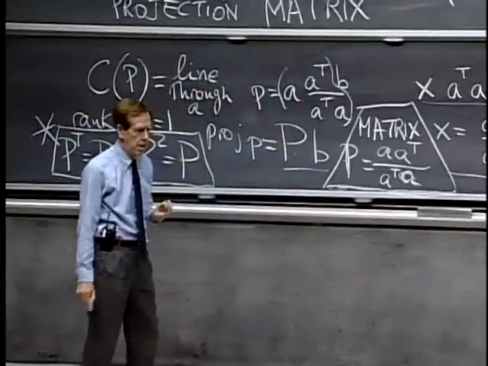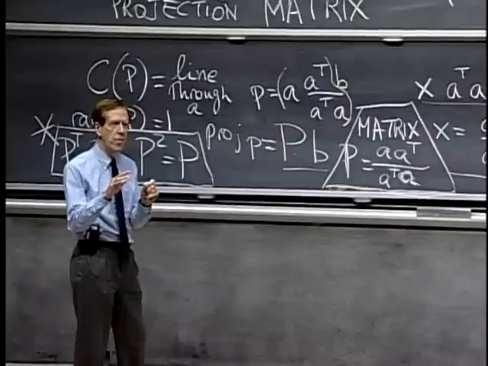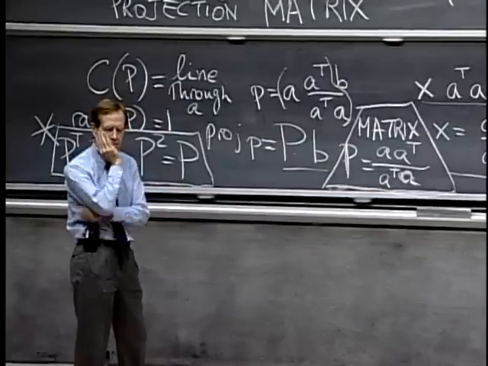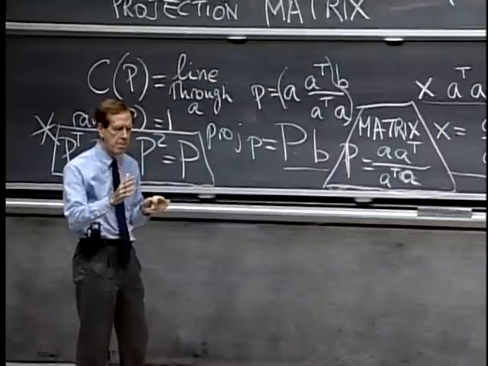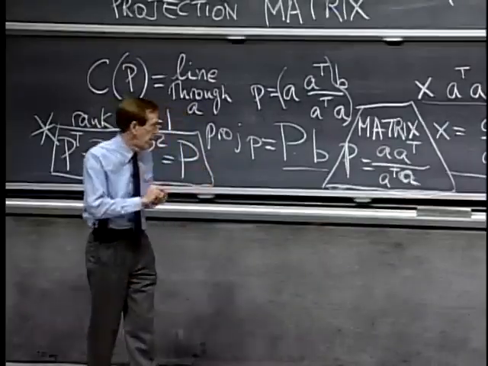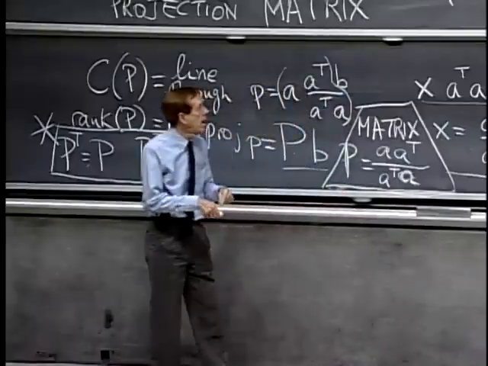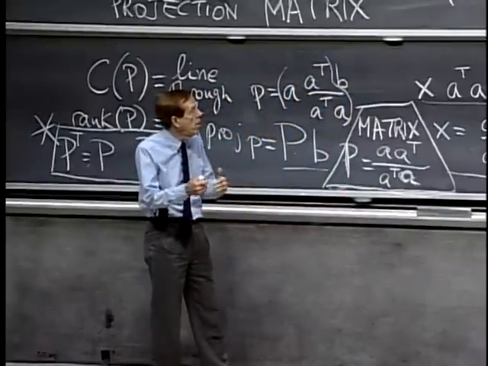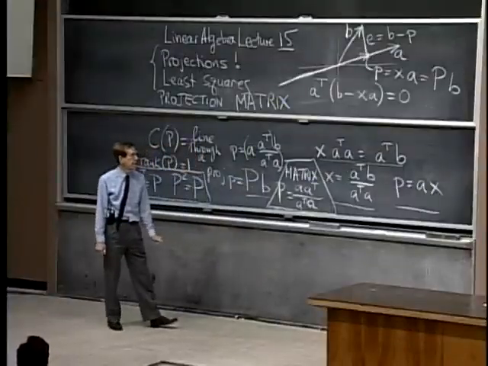Good. Okay. Now I want to move to more dimensions. So we're going to have 3 formulas again, but they'll be a little different because we won't have a single line, but a plane or 3-dimensional or an n-dimensional subspace.